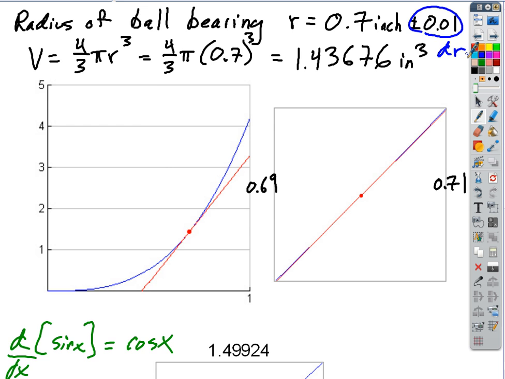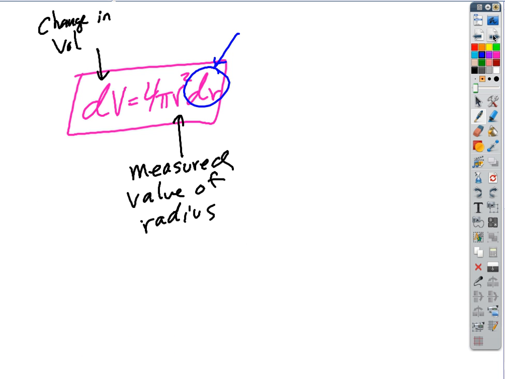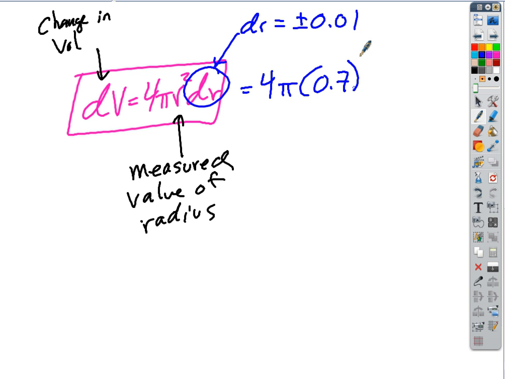So dr equals plus or minus 0.01. Okay, and look what we get when we plug all that stuff in. If I plug the numbers in, I get dV equals 4 times pi times 0.7 squared times plus or minus 0.01. Now, if I put all that in my calculator, I'm just going to get an answer.